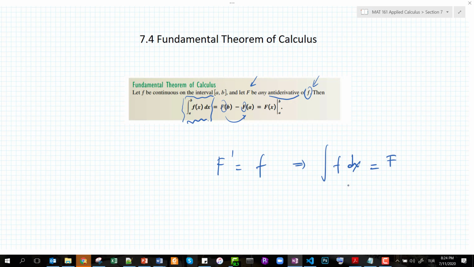This theorem connects the derivative with the integral. That is why it is so fundamental, so basic, so important, and it gives us a way to figure out this integral result. It says just find the antiderivative and then evaluate it at the endpoints. But as you know, finding the antiderivative could be a tedious job.